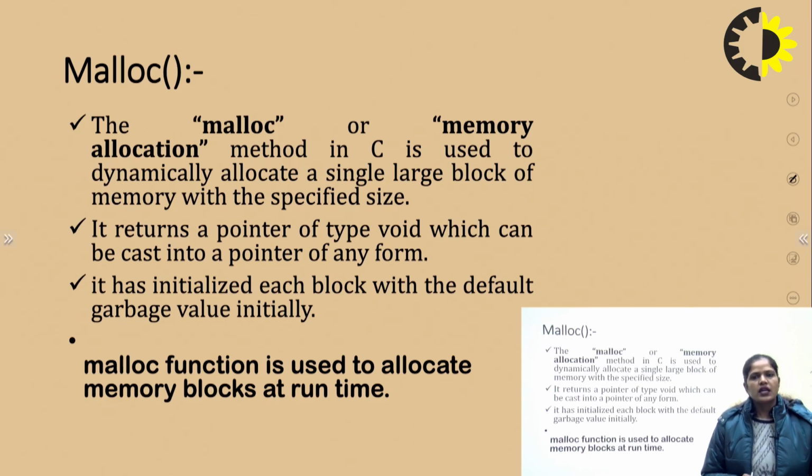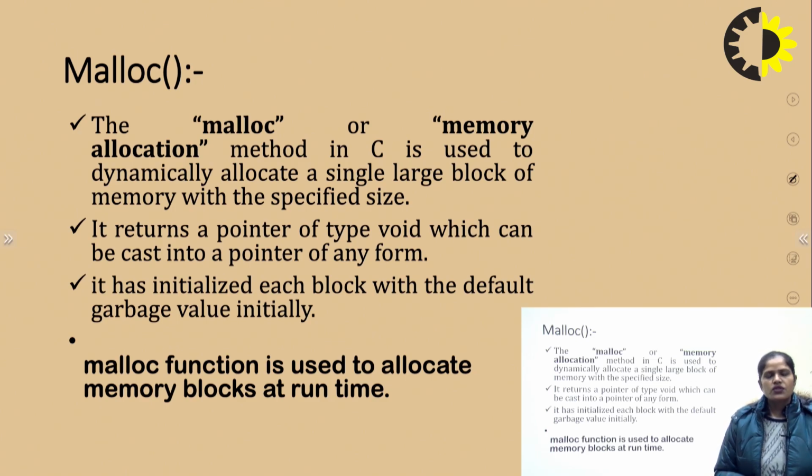So it initializes each block with the default garbage value initially. Basically, if I mention the size of the particular block, then it will allocate that particular space. If I have not mentioned the size, that means the C compiler supplies a particular garbage value that will initialize the pointer through which we allocate memory using the malloc function, right?